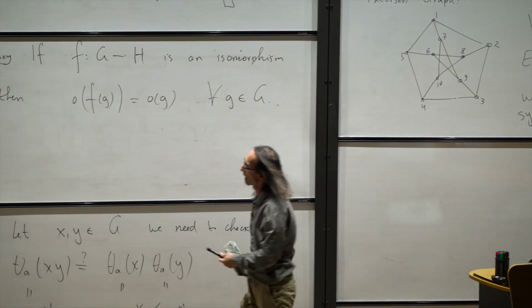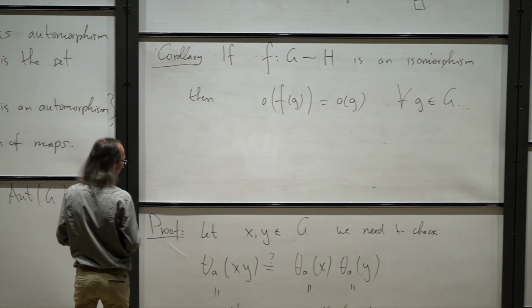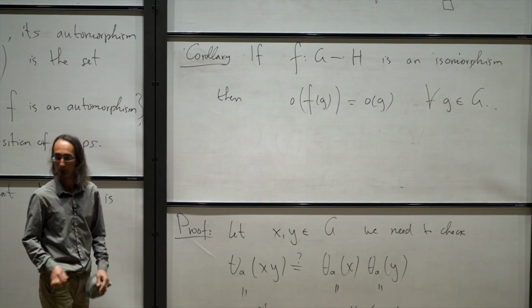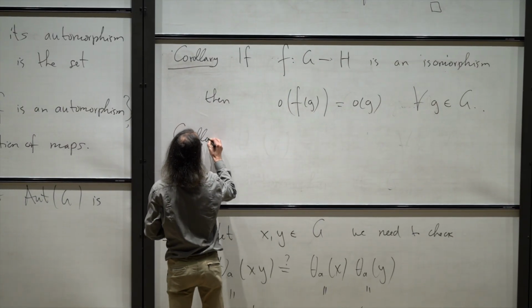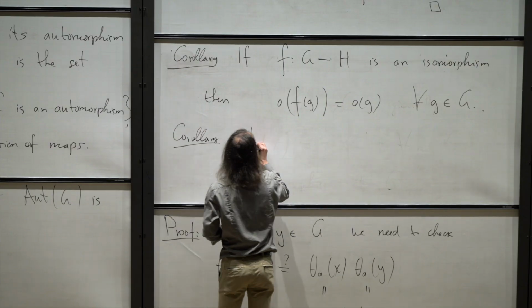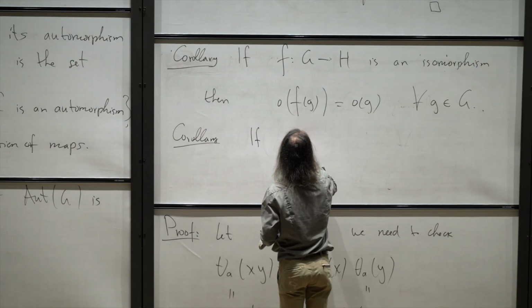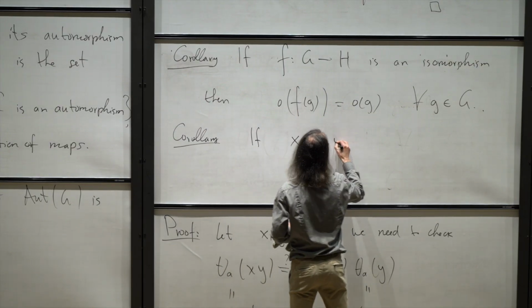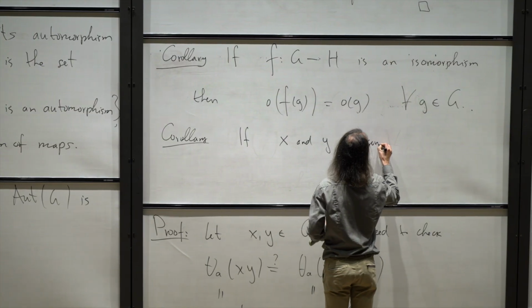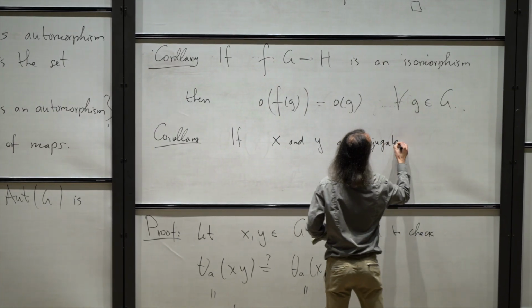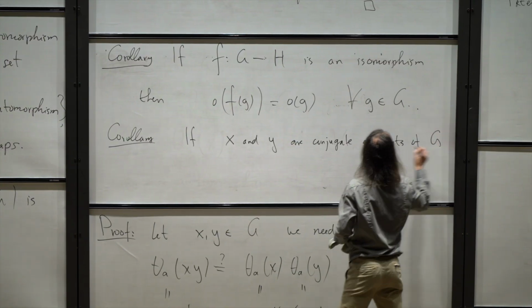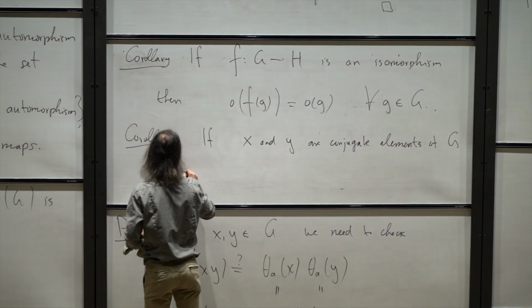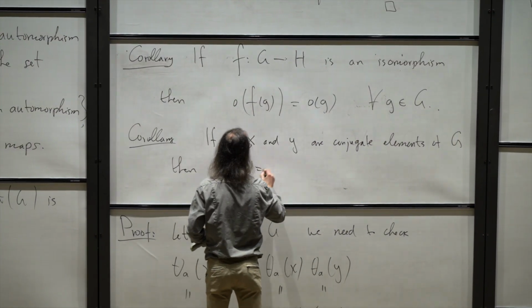Okay? In particular, it follows that conjugate elements always have the same order. So corollary: if x and y are conjugate elements of G, then the order of x is equal to the order of y.